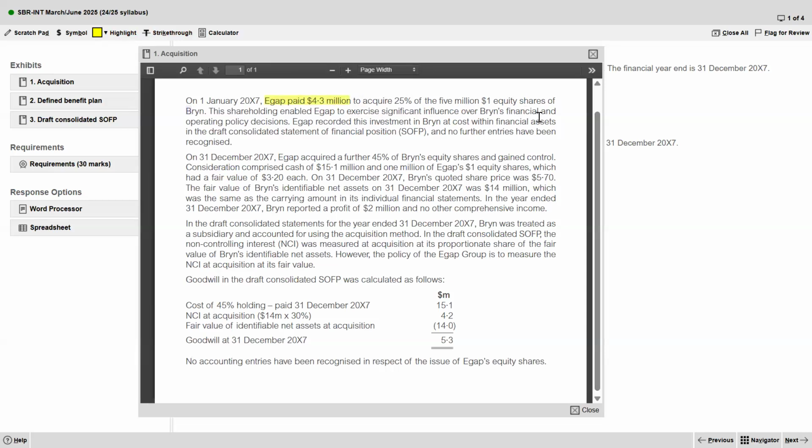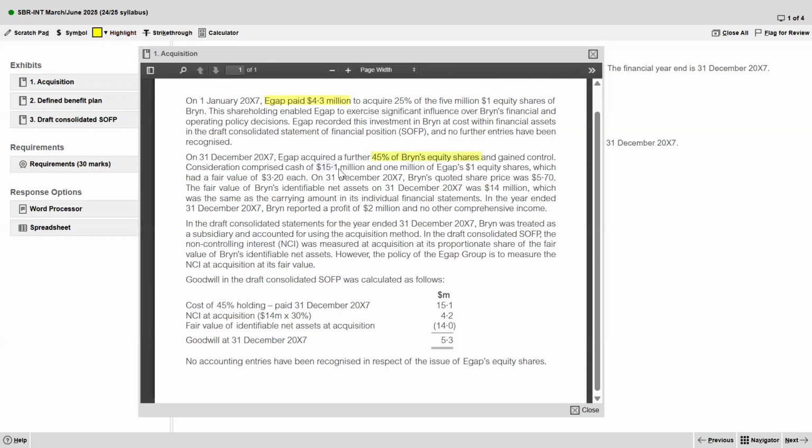ICAP recorded this investment at cost within financial assets in the draft consolidated financial statements, and no further entries have been recognized. On 31st December, ICAP acquired a further 45% of Brine's equity shares and gained control.